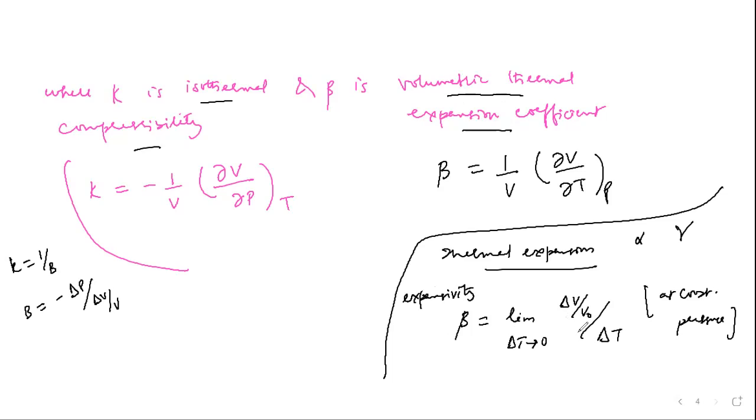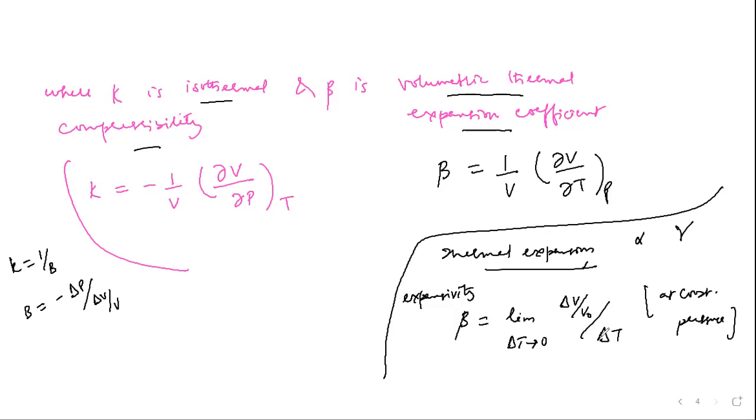The idea is if we have some substance and we change its temperature by delta T, if its original volume is V naught, its volume will change by an amount delta V. Then this ratio of fractional change in volume to change in temperature, as the temperature change approaches 0, is called beta.